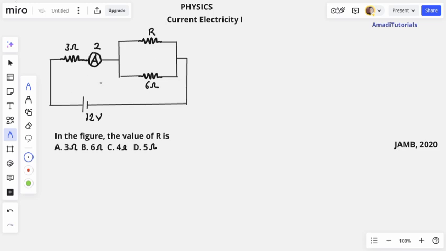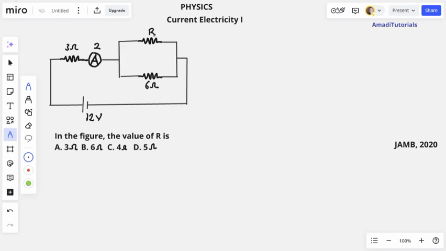So analyzing this circuit here, from this voltage, if you trace, connected in series with this first resistor, also in series with this ammeter, and then this line now also in series with R parallel 6 ohms.